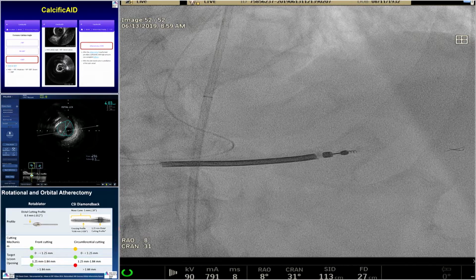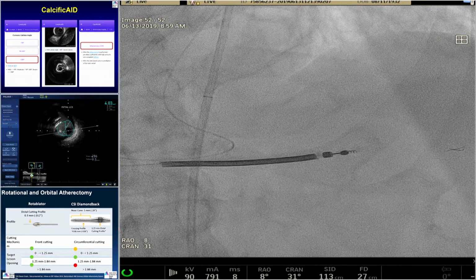For the LAD, we could probably pick either. But based on our imaging study comparing rota versus OA with OCT, you need more than 2 quadrants, closer to 3 quadrants of calcium, before you do orbital atherectomy. And since the left main is a large vessel, if you plan to use a larger atherectomy device, you definitely want rotational atherectomy rather than orbital.